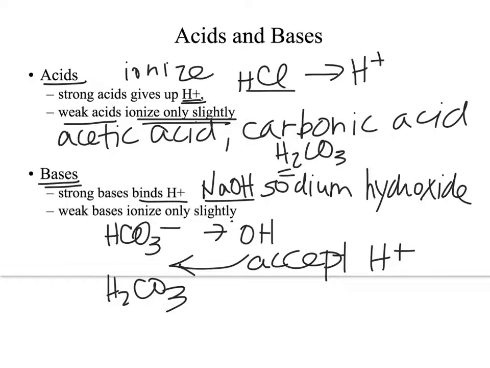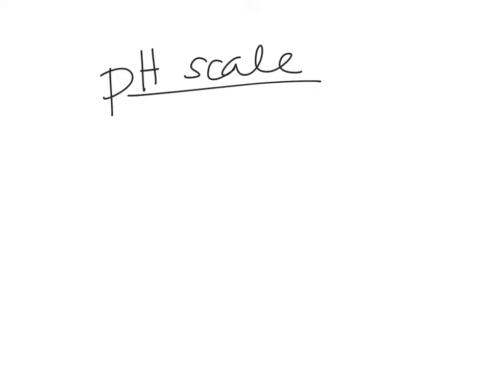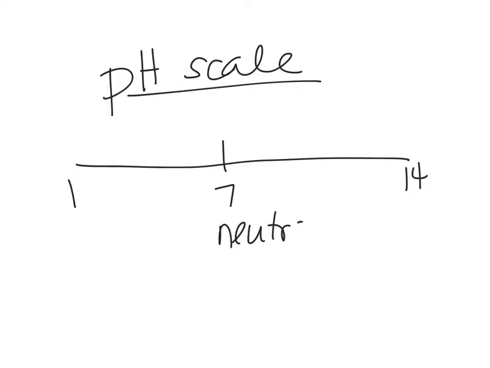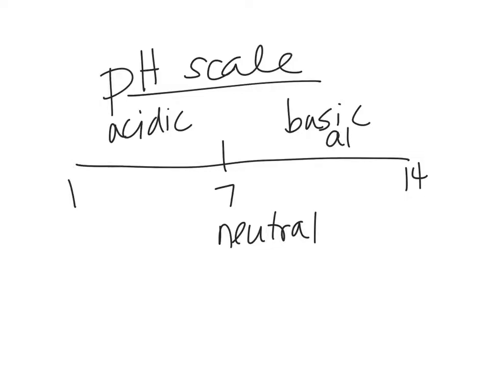Now we want to talk about pH and the pH scale. It's important to review this. Remember the pH scale goes from 1 to 14, 7 is neutral, 1 is acidic, 7 to 14 is considered basic or alkaline.